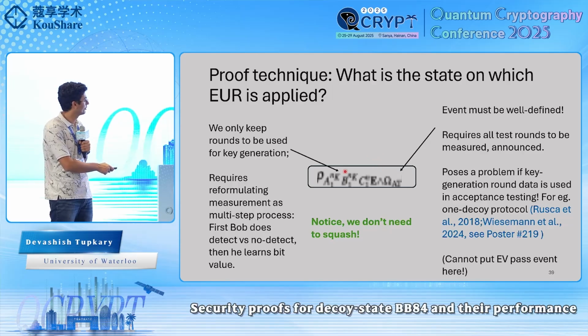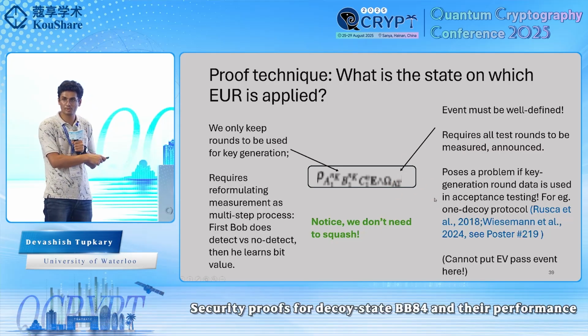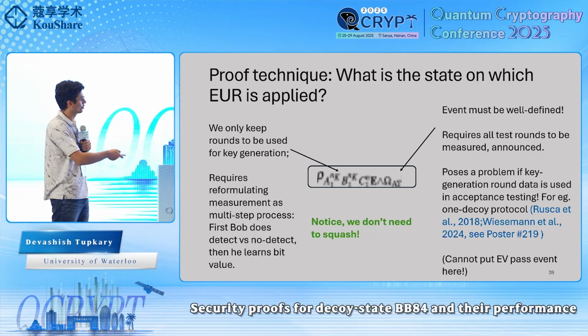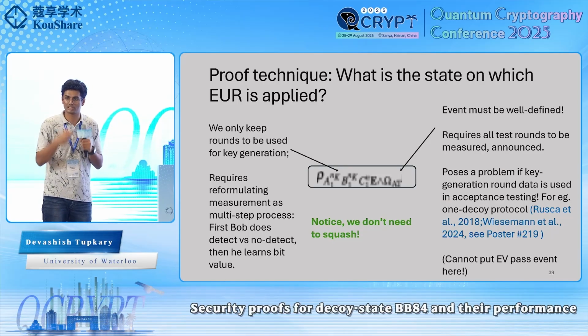And if you say, no, I will perform them, then this entirely becomes classical, and then your EUR statement no longer gives you anything useful. So it is something that doesn't show up typically in QKD, because in many protocols the test rounds are completely separate from the key generation rounds, but it shows up in protocols where key generation data is used for acceptance testing.